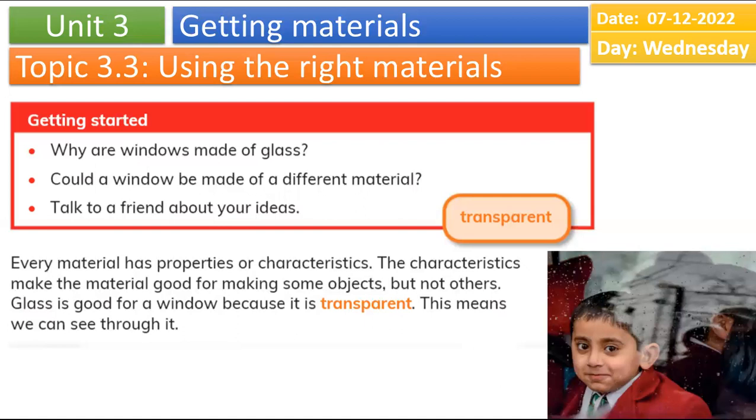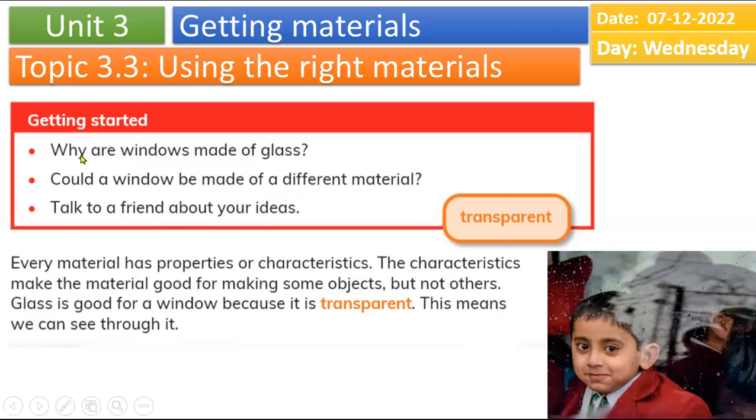So the wood does not help us to see through, and stone is also not helpful to see through. So let's look at what is transparent. This glass is transparent. We can look outside, we can look at the other side from the window.